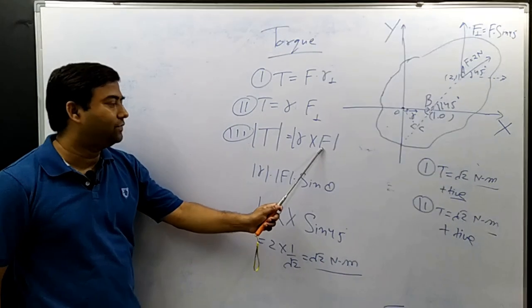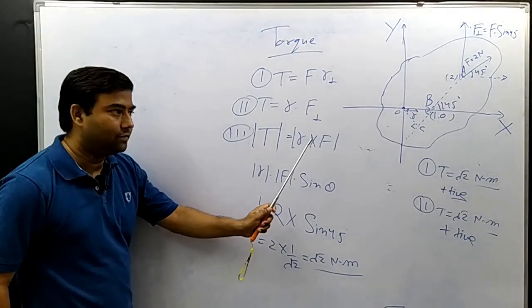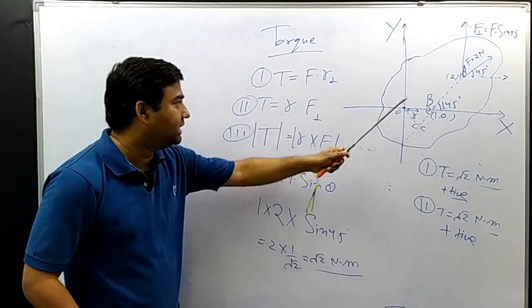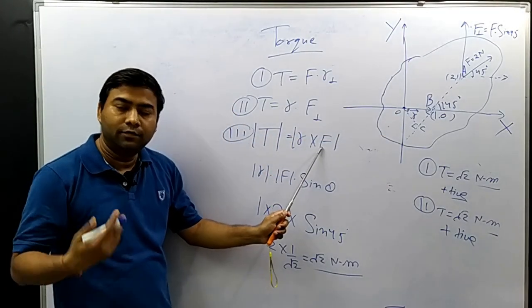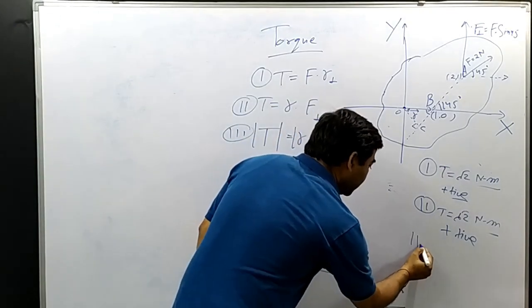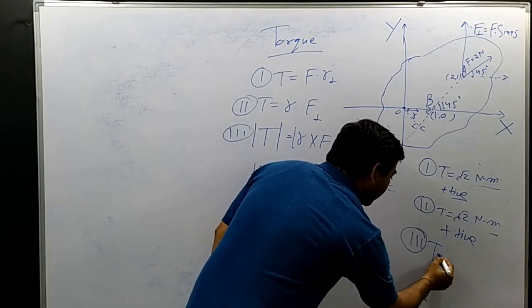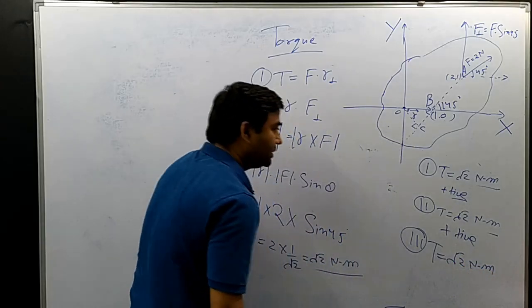So by its own definition, torque can be found as R cross F. R is the position vector of any point on the line of action of the force, and F is force F. So that is the third method. We have found torque is equal to under root 2 Newton meter by its definition.